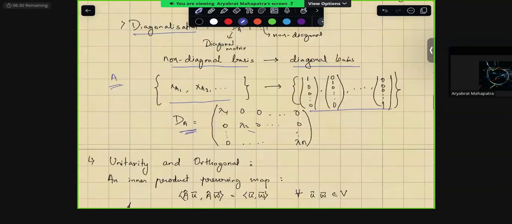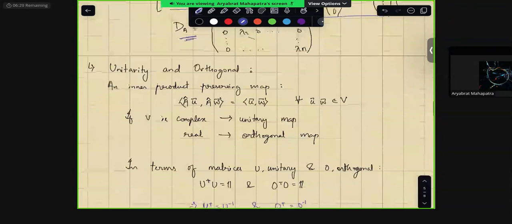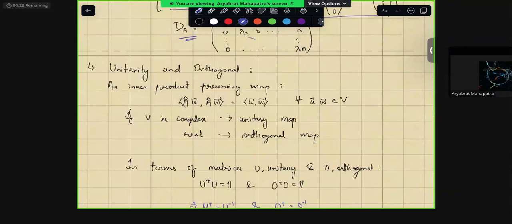Then, following it, the important ideas about other traits of vector spaces are unitarity and orthogonality. Unitarity is defined this way. It is basically an inner product preserving map.